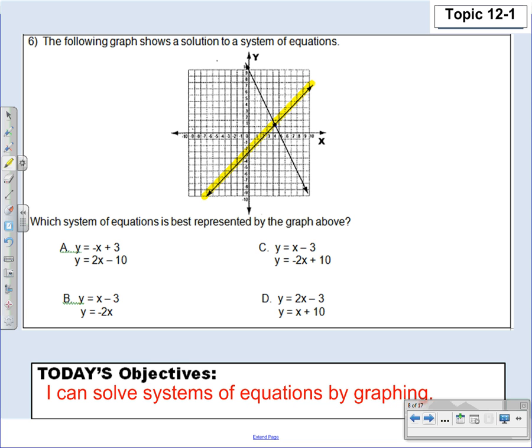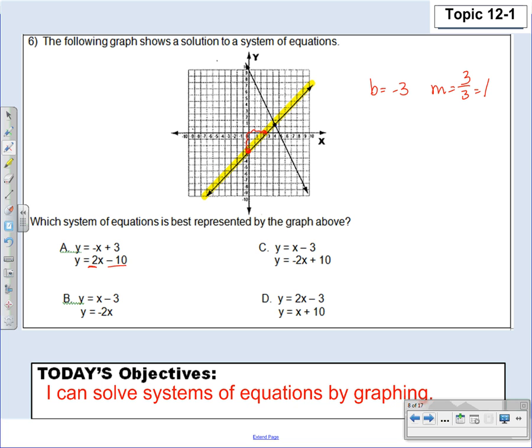Looking at the positive slope equation, we see that its y-intercept is at -3. So I'm looking for an equation that has a y-intercept at -3. And then the slope, if I can find 2 points, it looks like it's going up 3 and then to the right 3. So a slope of 3/3, which equals 1. So I'm going to look for a positive slope with a y-intercept at -3.